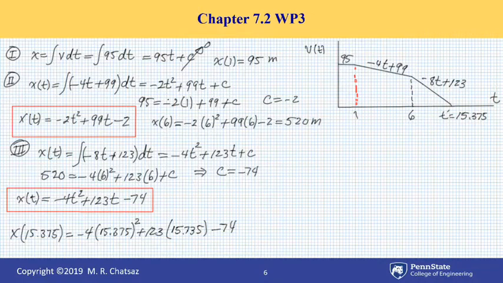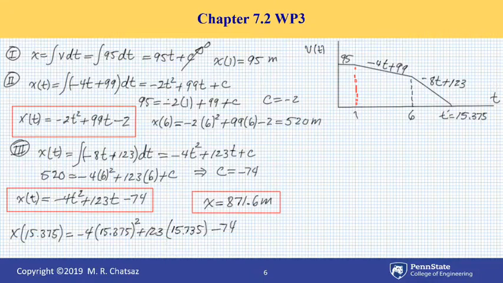Taking a calculator and doing the numerical calculation, the distance to stop is x equal to 871.6 meters. So that is the total distance traveled.